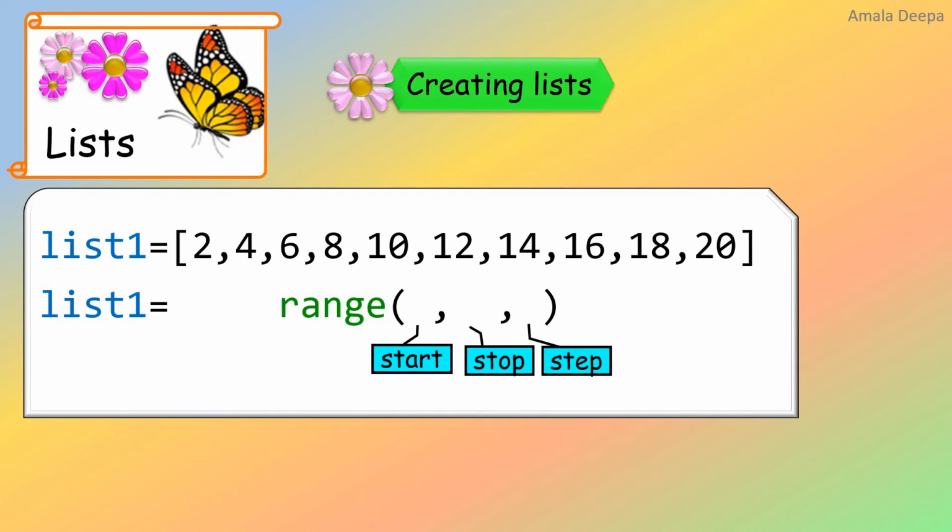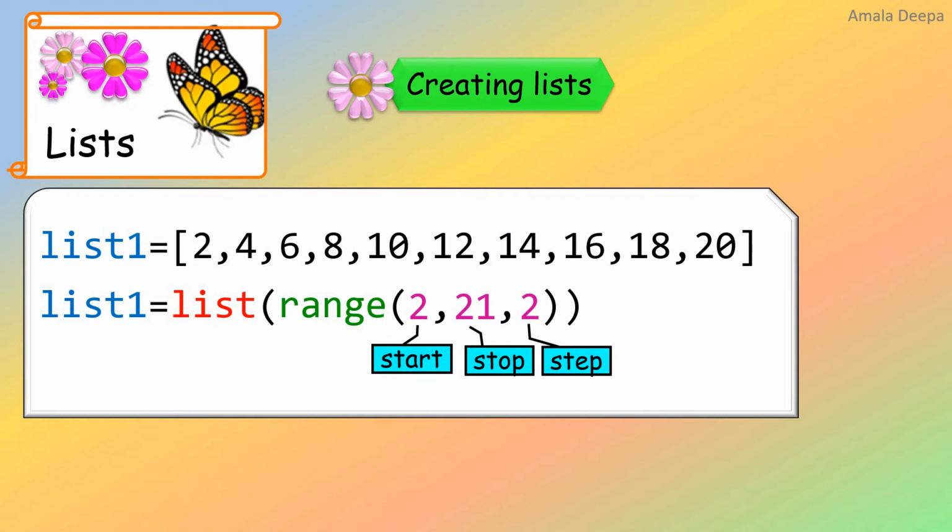So to generate even numbers from 2 to 20, start value is 2, stop value is 21, step value is 2 because I want to jump by 2. And then surround the range function with the list function.